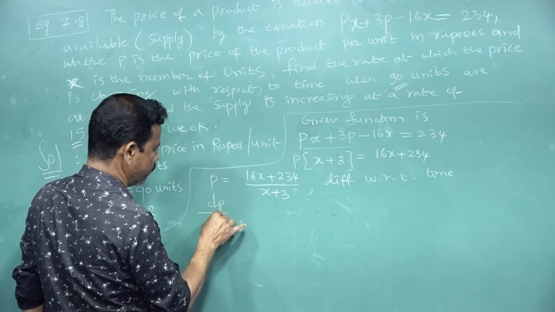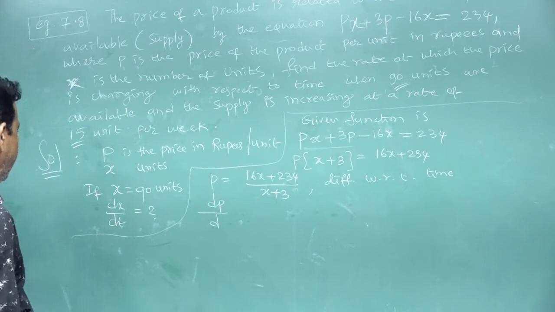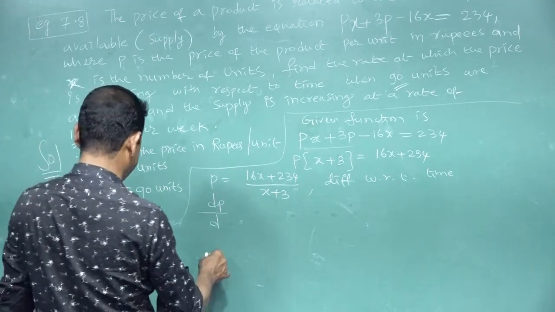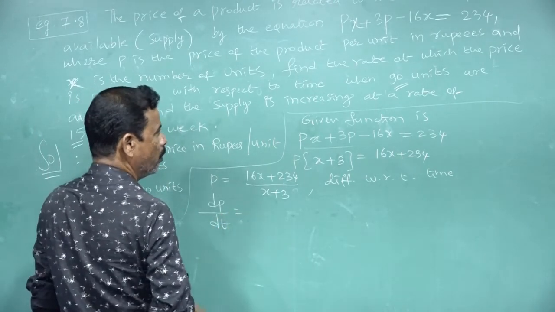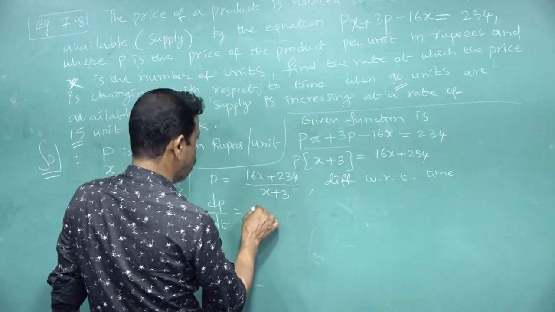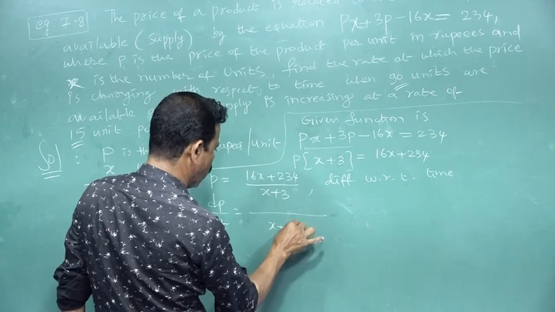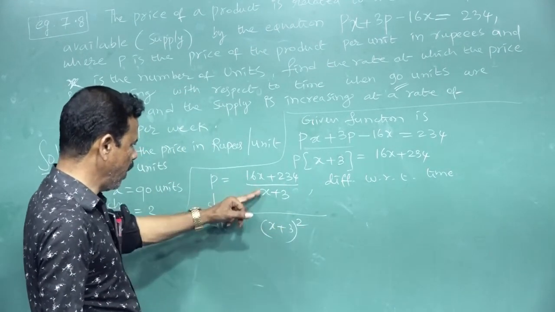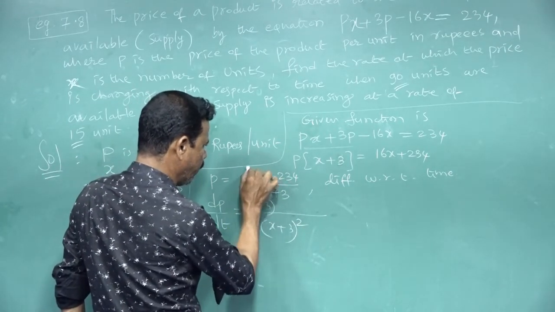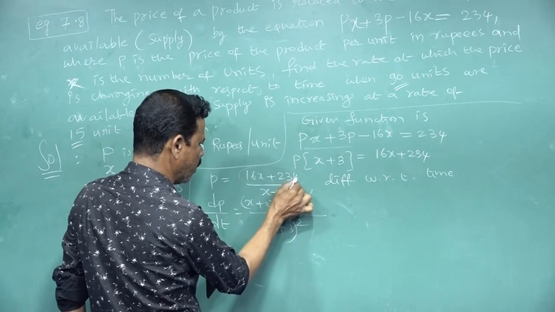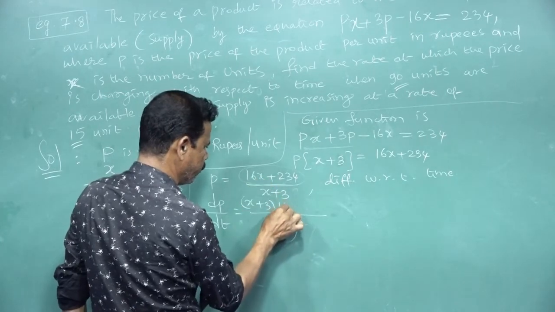The rate asked is dp by dt. dp by dt is equal to, this is the u by v method: (x plus 3) whole square in the denominator, v into the differentiation of u, that is 16x plus 234, whose differentiation is 16, the 234 being constant, so 0.